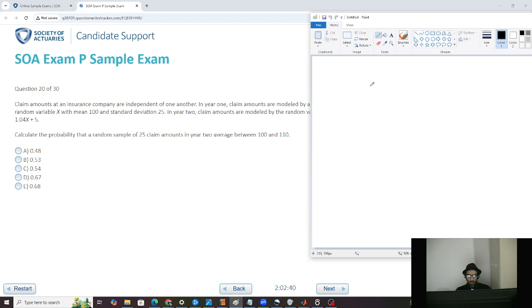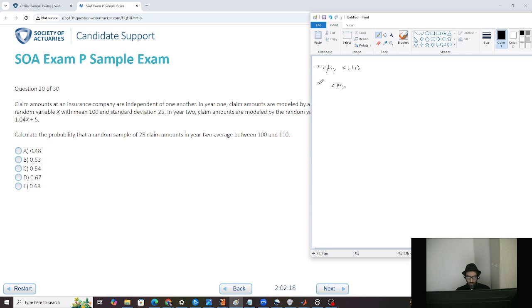So if we're saying the mean of y is between 100 and 110, y equals 1.04x plus 5. So you can subtract the 5 first.